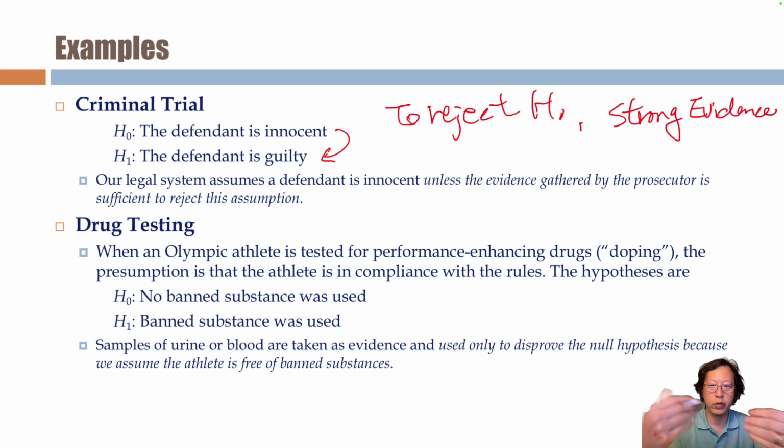Right? So if we don't have strong enough evidence, then we cannot say the defendant is guilty. But that does not mean we are accepting that the defendant is innocent. Okay.